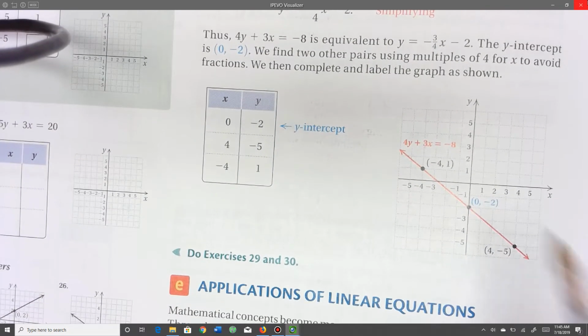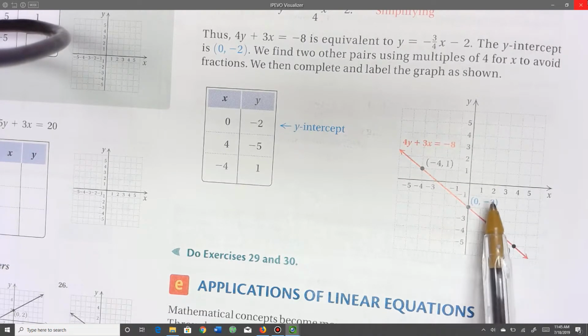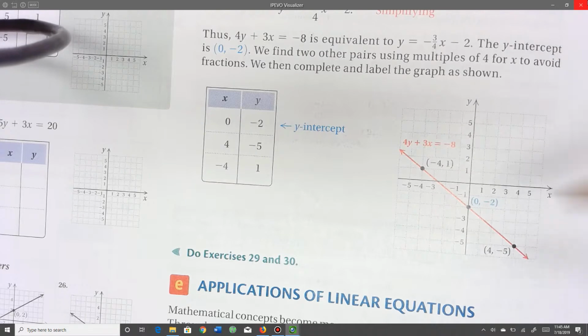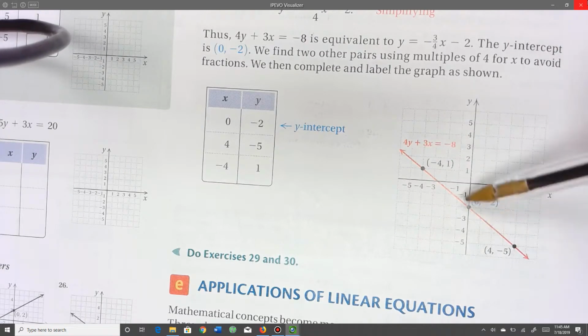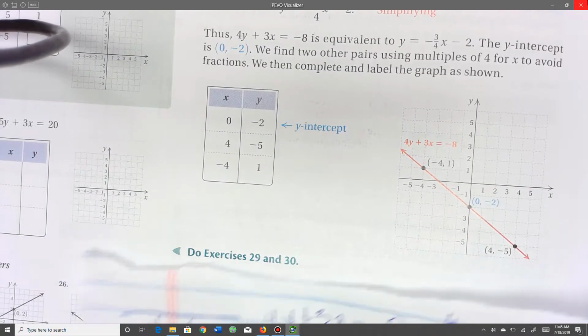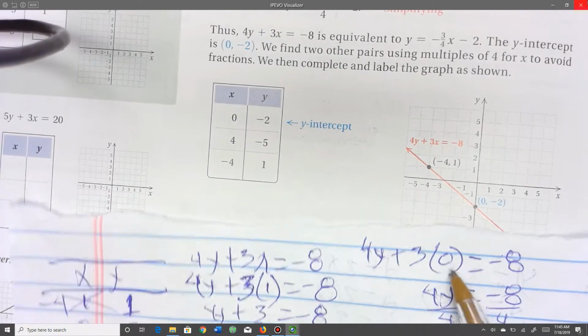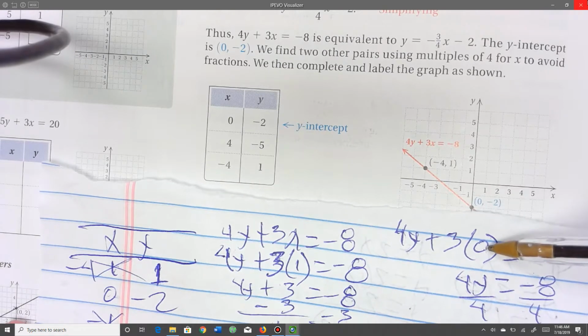We see that our y-intercept is (0, -2), because that's where the graph crosses the y-axis, okay? So that's the y-intercept. And we also got that from substituting 0 for x.